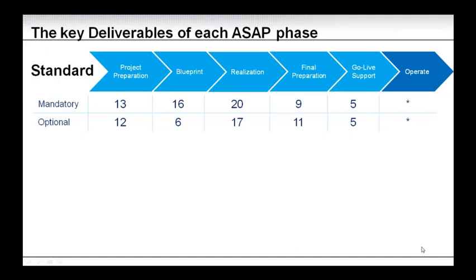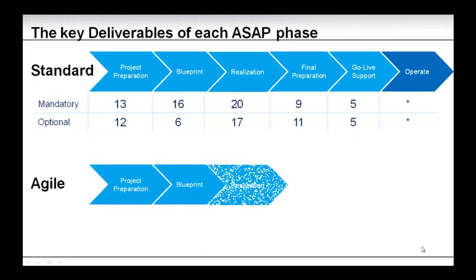Likewise in Blueprint, 16 mandatory, 6 optional. Realization is the most work heavy, with 20 mandatory deliverables as well as 17 optional. Again, here it depends on the design, on what you are going to build. Final preparation 9-11, go live and support 5-5, and then the operate, you will notice the star, and we will explain the star in a little while.